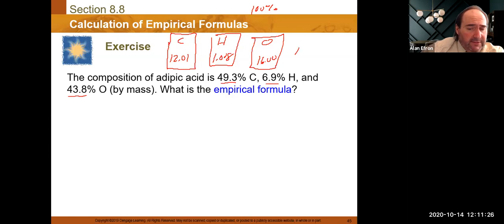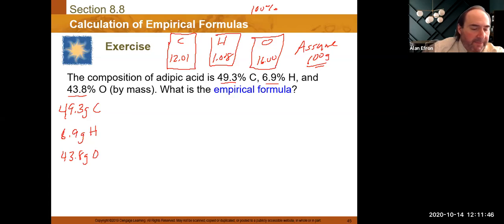So we're going to assume 100 grams. The purpose of that is it keeps all the numbers the same. That basically means we have 49.3 grams of carbon, 6.9 grams of hydrogen, and, if we assume the 100 grams, 43.8 grams of oxygen.